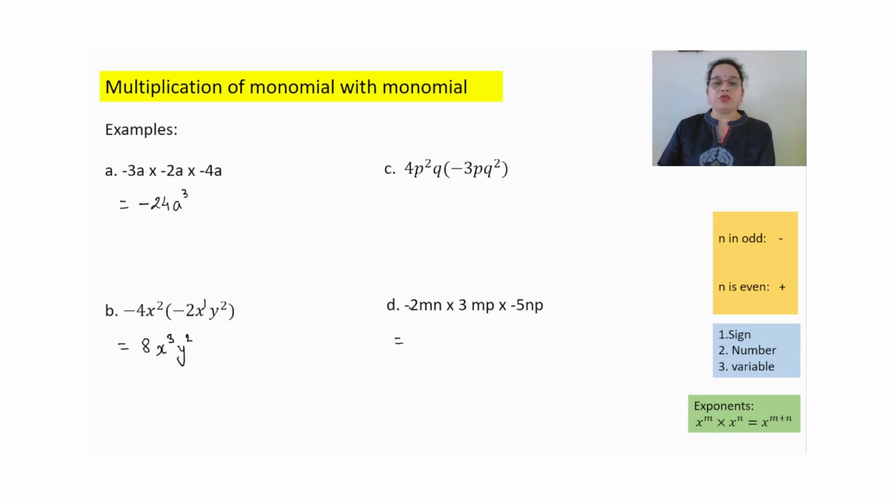Sorry, total number of negative signs is 2, so the answer will be positive. 2 5 2 3s are 6, 6 5s are 30. M raised to the power 1 plus 1, 2. N raised to the power 1 and 1, 2. And P is also one variable, so P raised to the power 1 plus 1, 2.